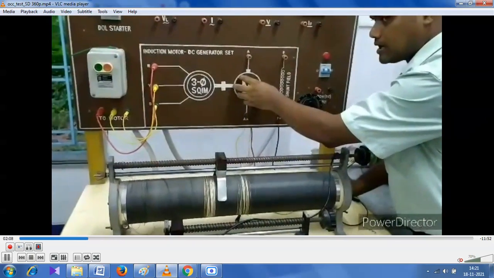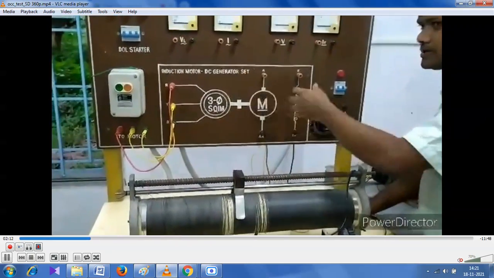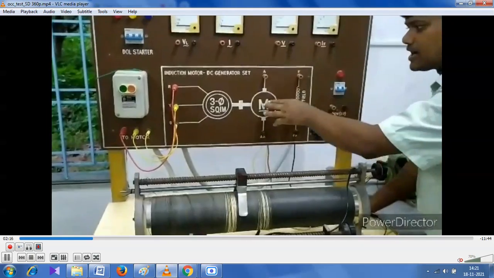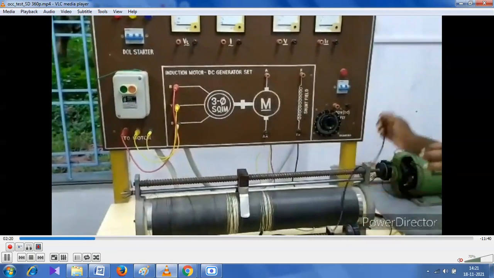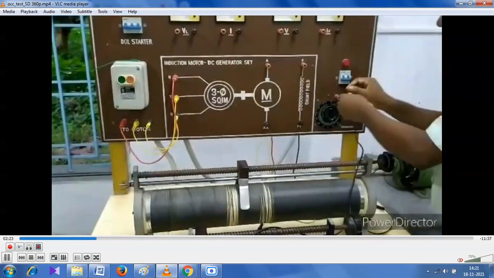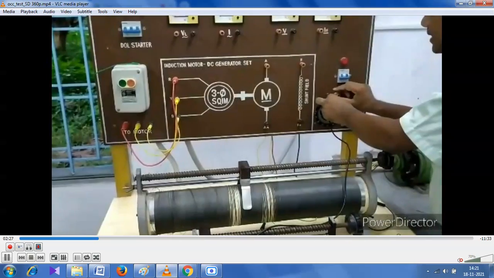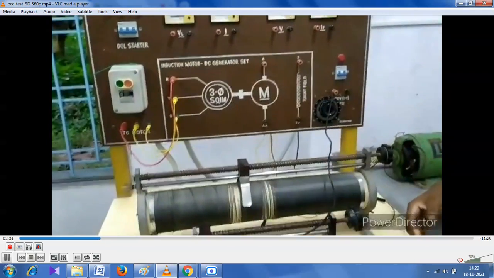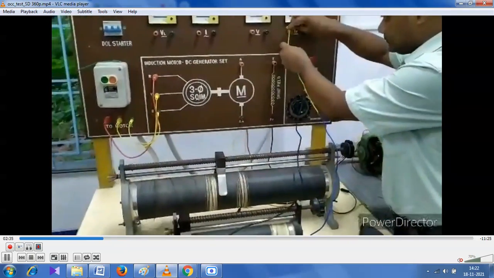This is the representation of the armature, and we have to add a voltmeter across the two terminals of the armature. The voltage is the no-load voltage, so it is actually the generated voltage, and we have to provide the field current by which we can produce voltage.